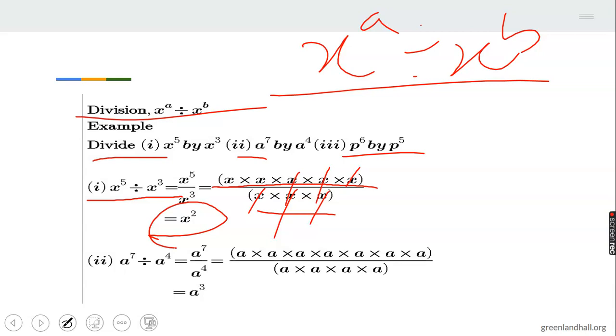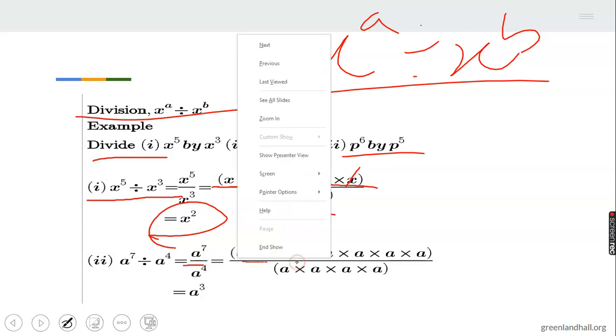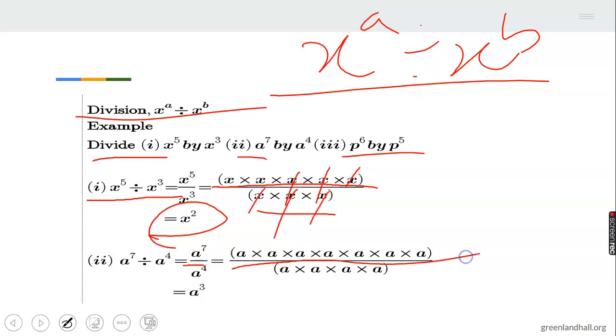The same thing with a raised to power 7 divided by a raised to power 4. Now, look, this is our division line again. At the top, we have a times a times a times a times a times a times a.